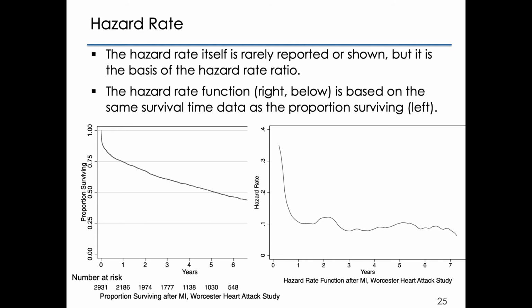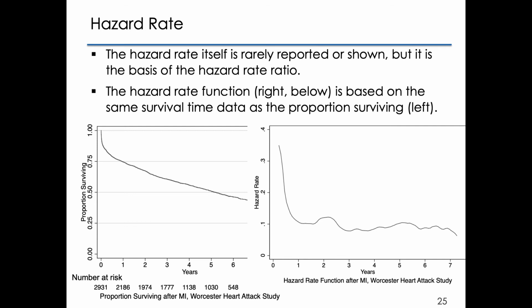So again, this function on the right, the hazard rate function, you can generate that in Stata after doing the stset command and the sts graph, and you have to use the right options after the comma, and you can get a hazard rate function. You rarely see it, but I just like to show it to give a little bit of a concept of what a hazard rate ratio is.